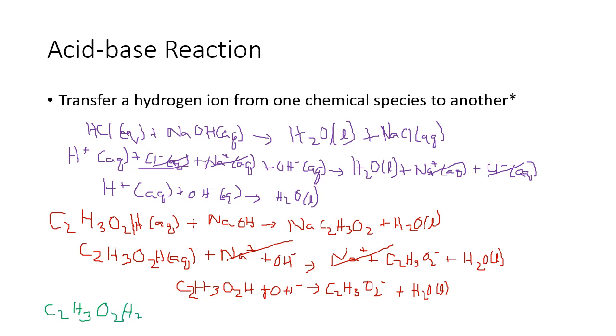And this time we're going to add NH3. Do a better plus sign here so this actually makes some sense. And that will go to NH4 plus and the acetate ion.